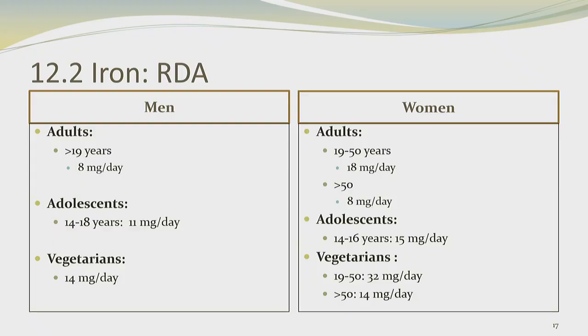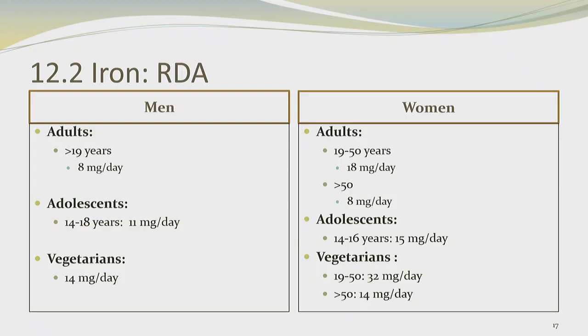So here you can see a comparison of the recommended daily allowance, the RDA, for adults and adolescents. So among men, on your left, you can see that the requirement is 8 milligrams per day, and it's a bit higher in adolescents because during adolescence, boys are synthesizing a lot of muscle as they go through their growth spurt, and a lot of myoglobin, right?